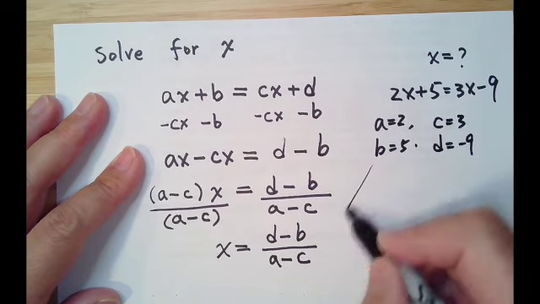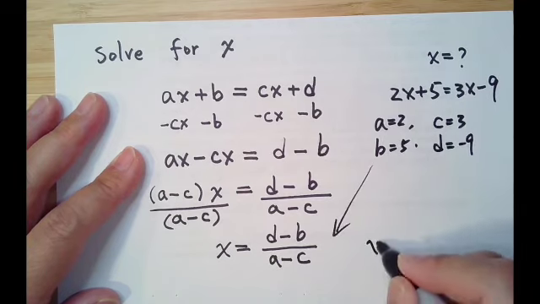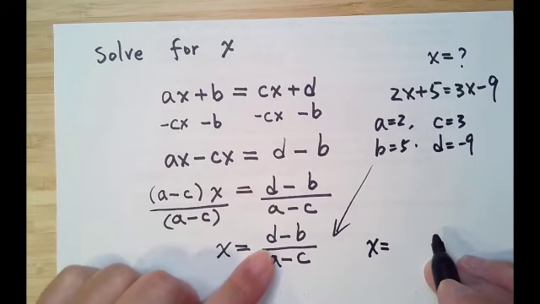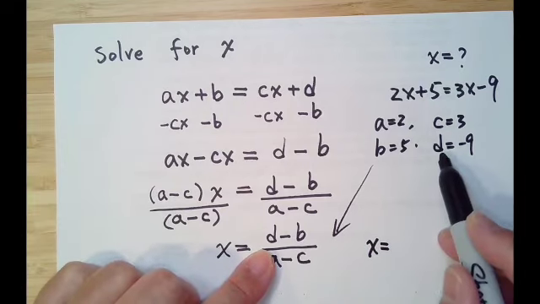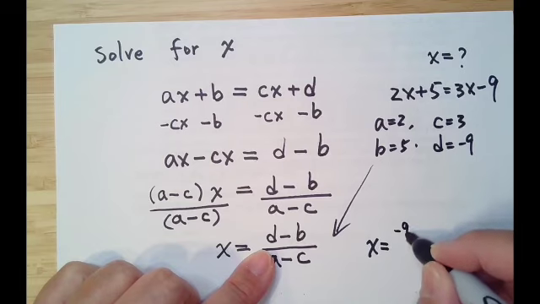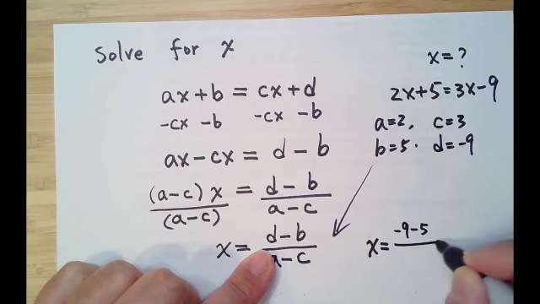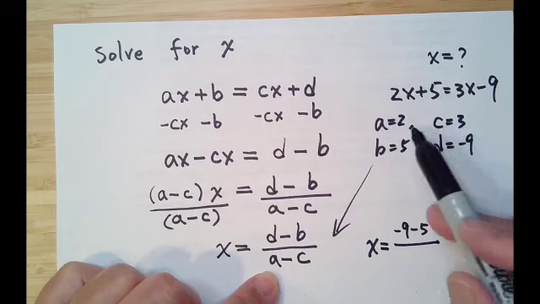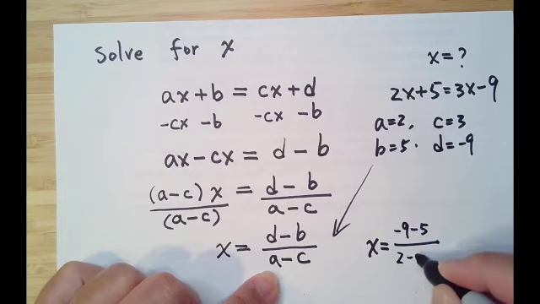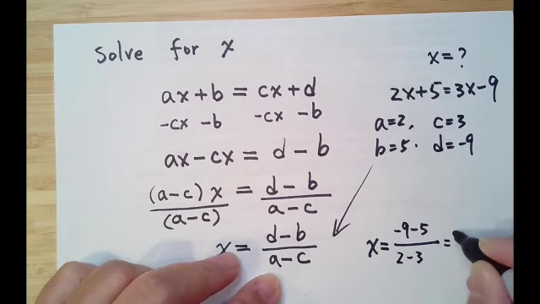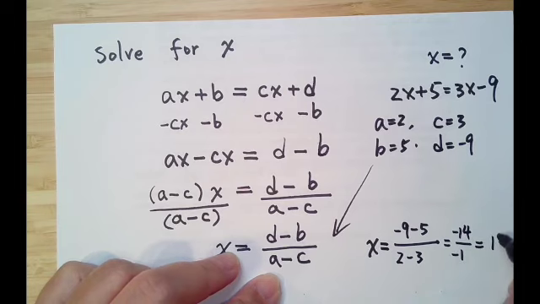Let me just plug into here. I have x equals d minus b, that's negative 9 minus 5, divided by a minus c, that's 2 minus 3. So I have negative 14 over negative 1, which is 14. I get this right away.